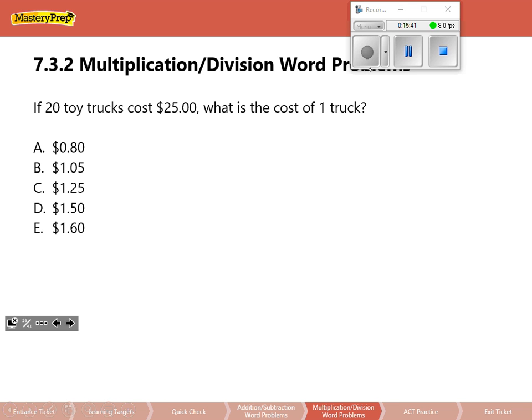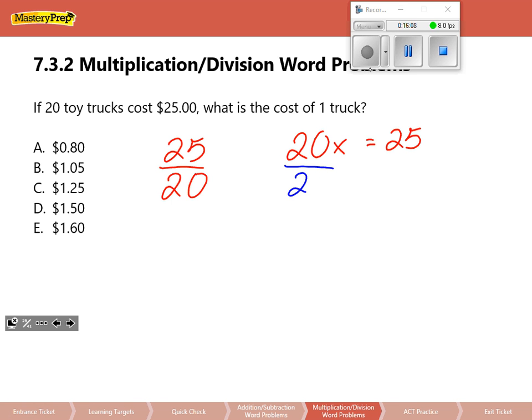Well, we can take 25 and divide it by 20, part over whole, and get there. Or really, we're saying that 20 times the cost of the truck is equal to $25. To find out what one is, we can divide both by 20. 25 divided by 20.